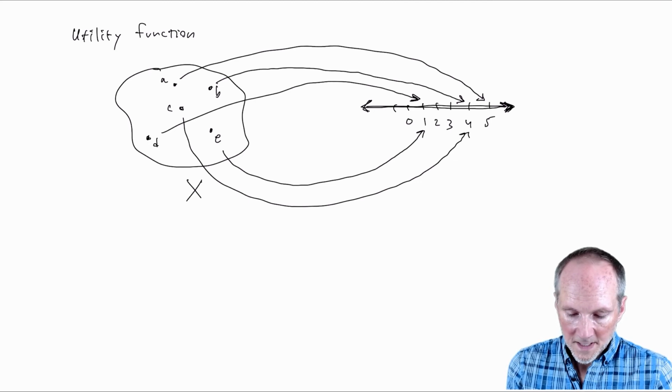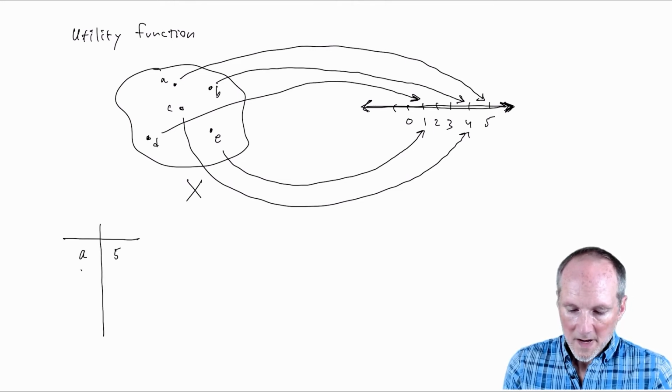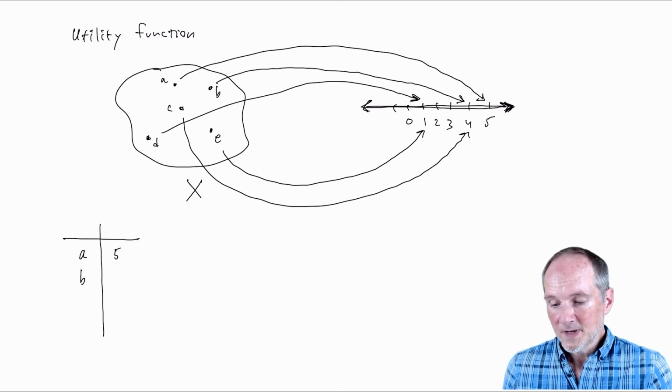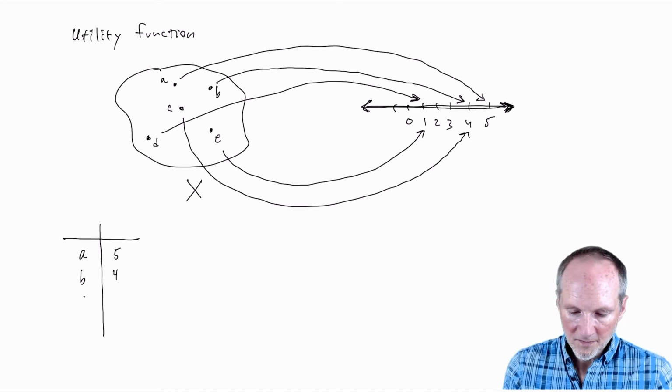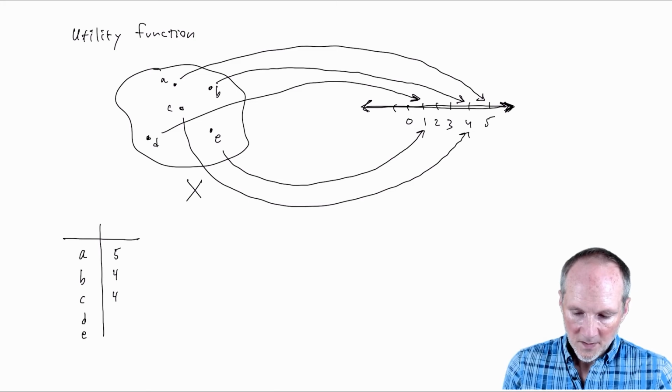And I can write this out in a table. B is not as good as A because it has a lower number. We're assigning it the number 4. C as well is assigned the number 4. And then D and E are assigned the number 1.